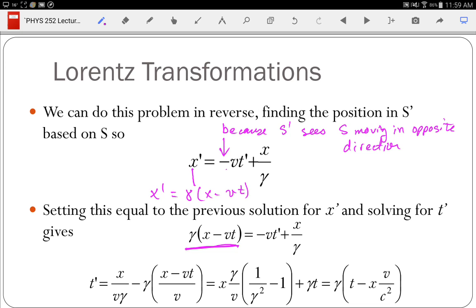Our goal here is to find the equation that says T prime is equal to AX plus BT. This is to relate the time in one reference frame to the time in another reference frame. Not the time between two events, but the time.